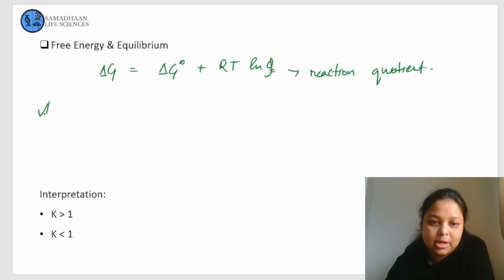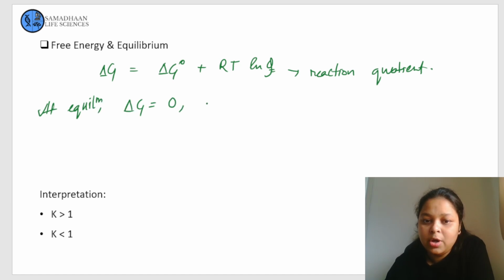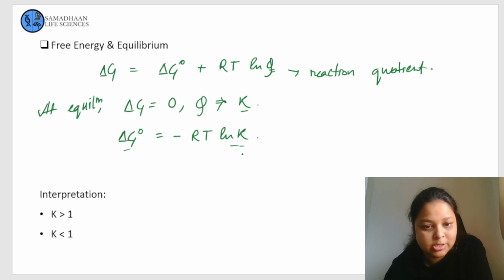Now when the reaction is at equilibrium, then delta G is equal to 0 and Q we will consider as equilibrium constant K. So we can write delta G0 is equal to minus RT ln K. This is the relation between free energy and equilibrium constant.